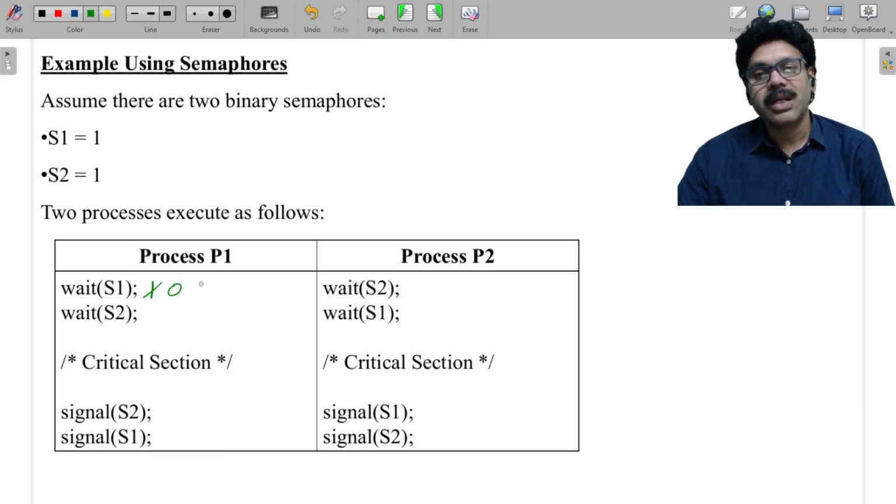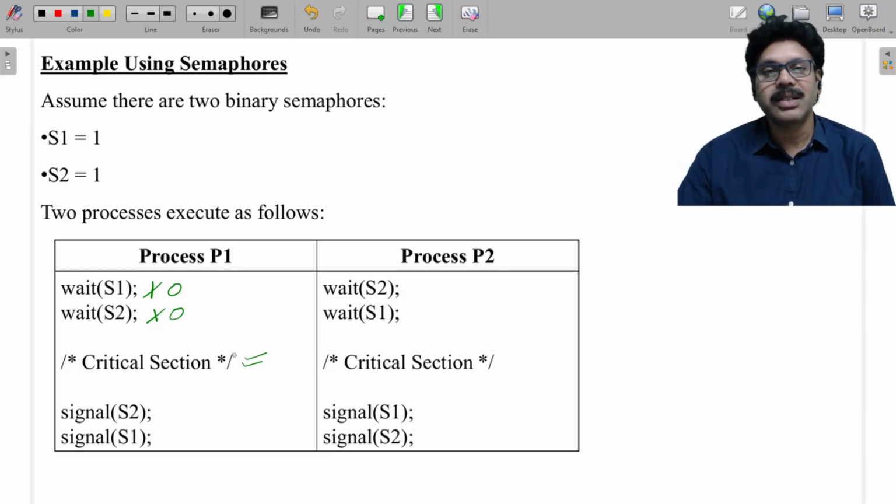Understand that P1 initiated the transaction first. Then after that wait of S2, it checks that the S2 value is initially 1, so wait also reduces semaphore 2, because they are two semaphores, not a single semaphore. Understand carefully: process 1 is implementing a double semaphore concept. When these two operations are successful, it immediately enters the critical section.